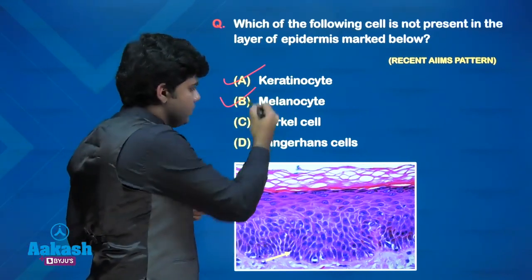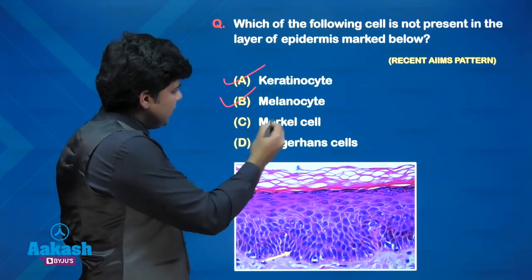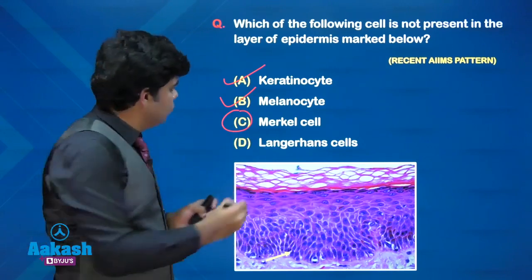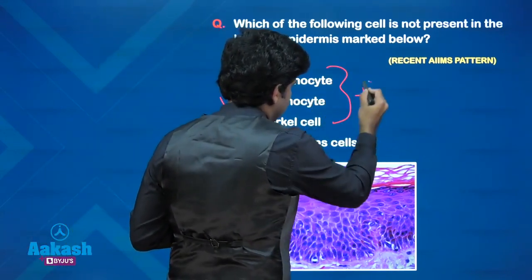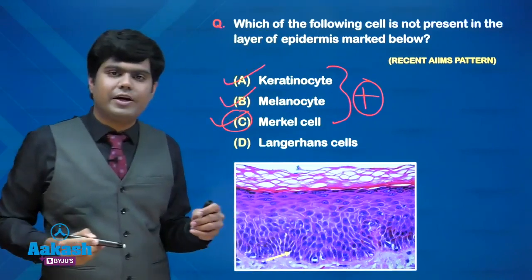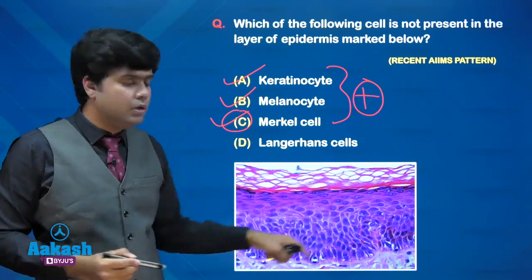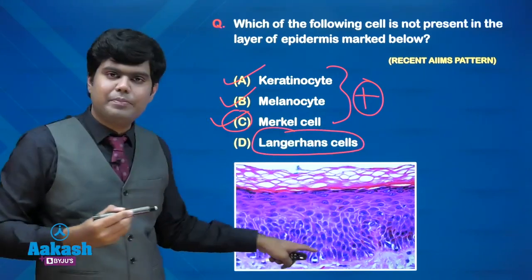Melanocytes are the painters standing on the base, and we have Merkel cells, which are the switch on the base. All these 3 cells will be present in stratum basale except Langerhans cells, which will be in stratum spinosum. So this is the answer. Langerhans cells are not present in stratum basale.